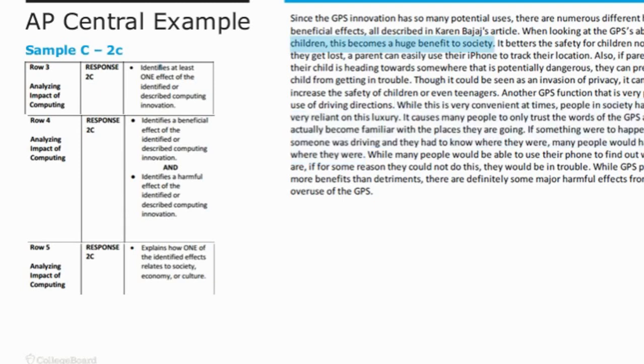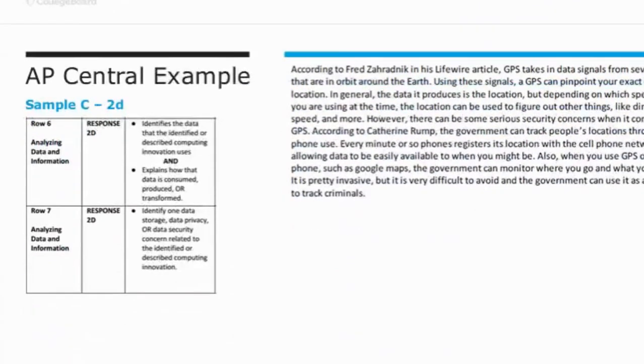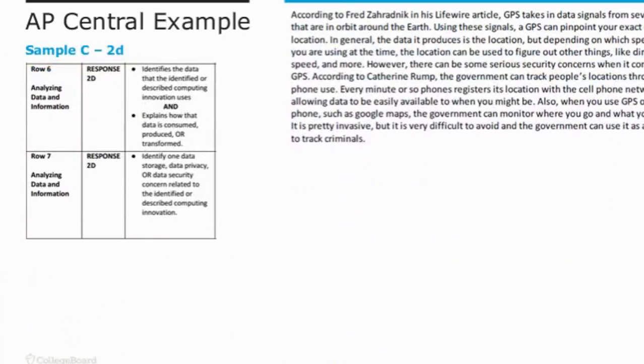And then the effect on society, and they say more about this, but being able to track your children has a huge benefit to society, and they go on to explain more about that there. All right, 6 and 7, this is on the data.